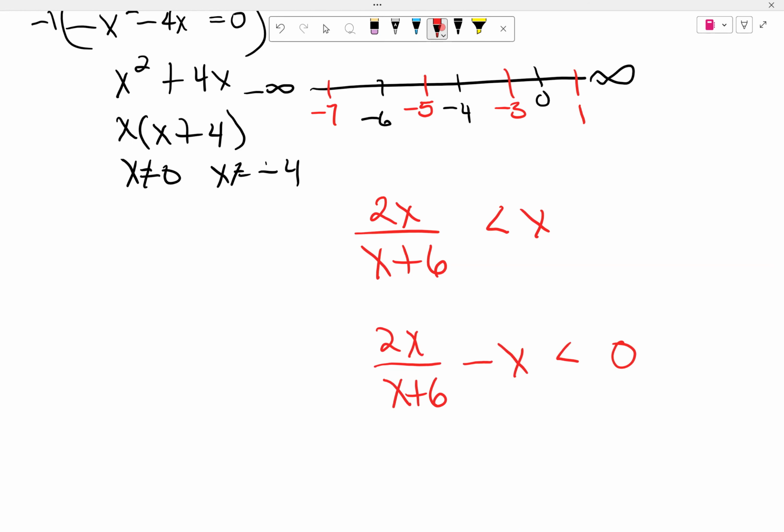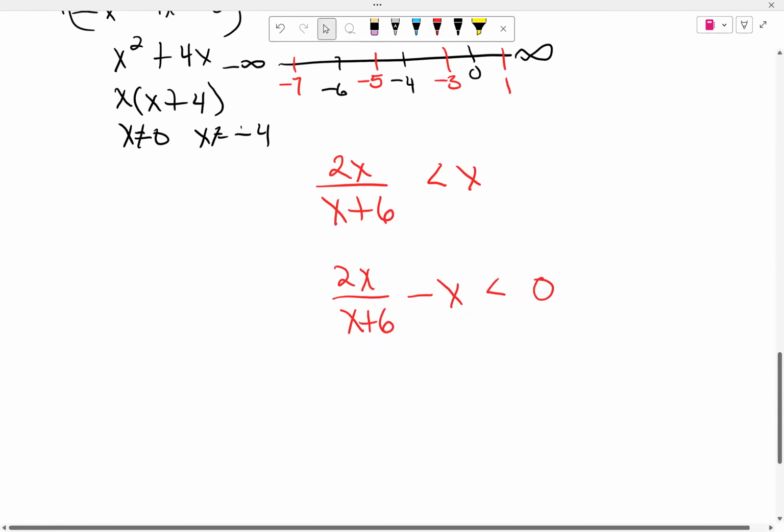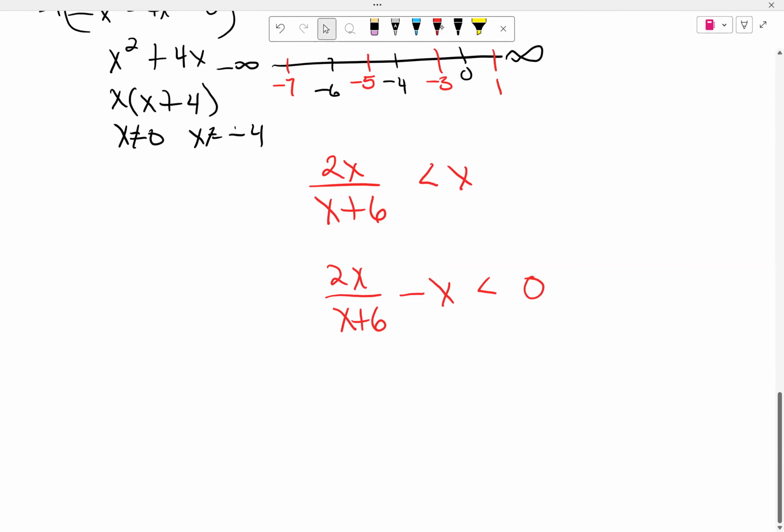So, okay, let's try our test points. Let's try the 1. I know the 1 for sure should be giving me a negative. I know why. So think about it. 2 times 1 over 1 plus 7 minus 1. Is that less than 0?